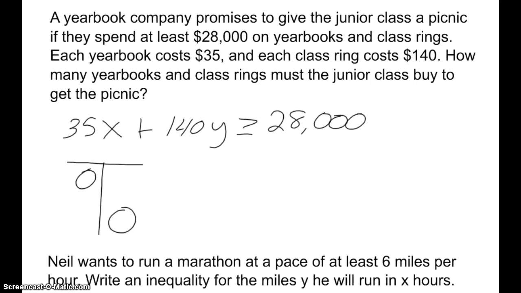When x is 0, we divide by 140 and get 200 as your answer. And then if y is 0, we divide by 35 and we'll get 800 as the answer. Okay? So those are our two ordered pairs for our graph.